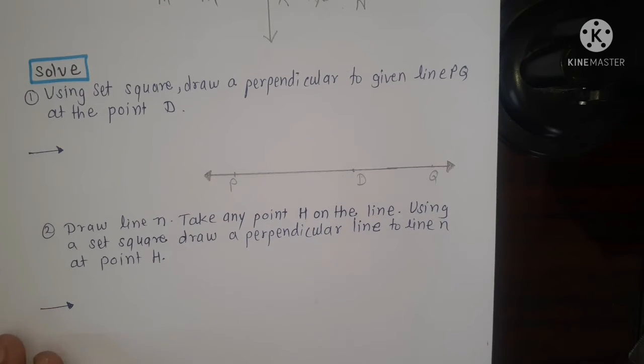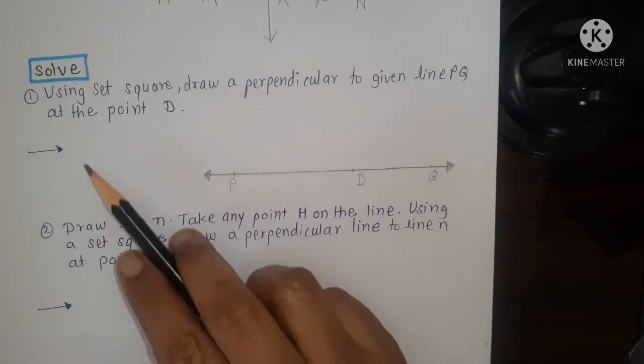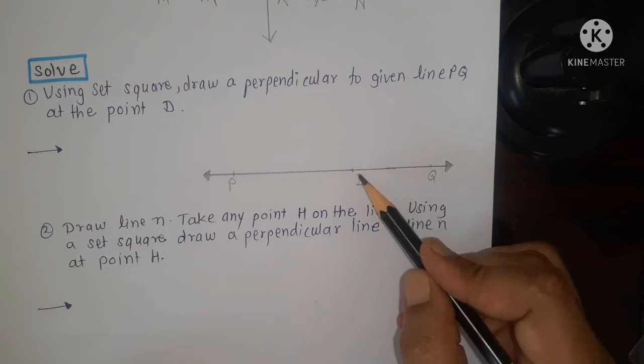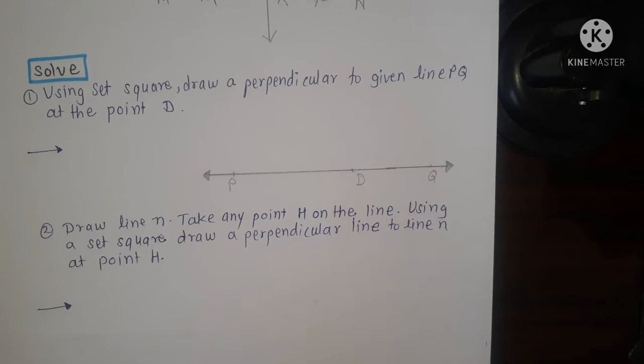Solve. First, using a set square, draw a perpendicular to the given line PQ at point D. We have been given a line and also a point D on the line.